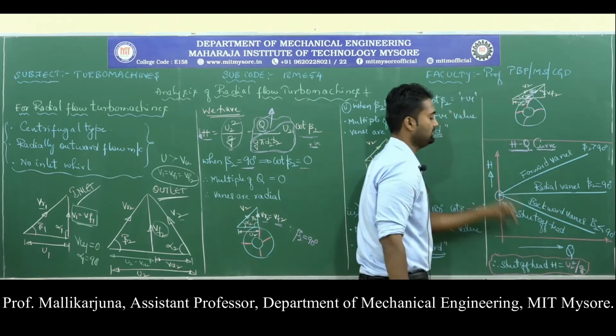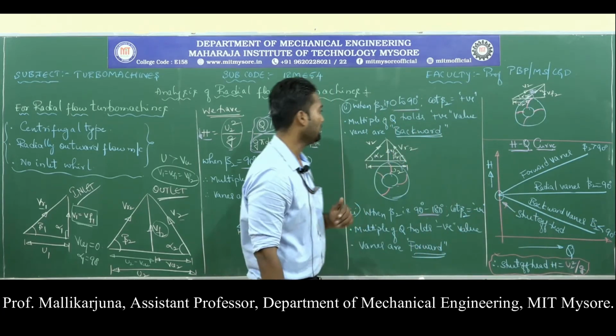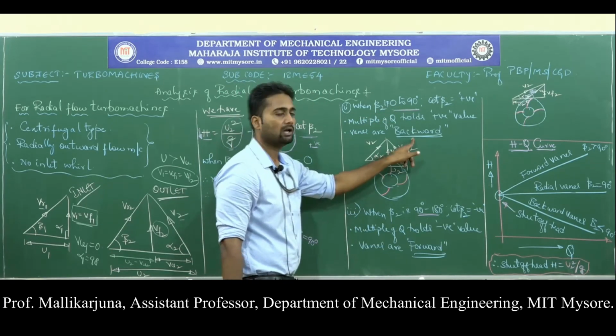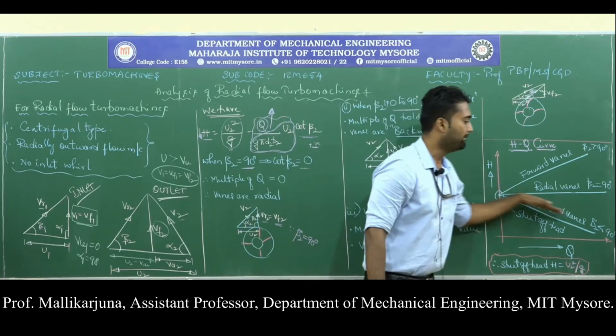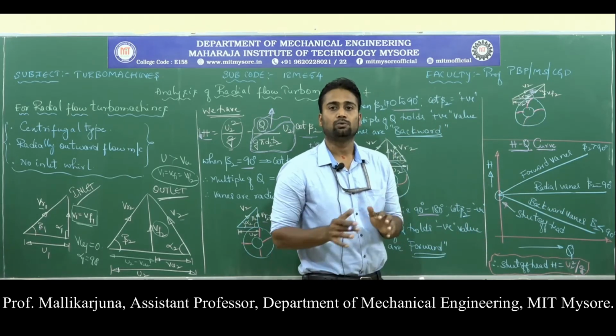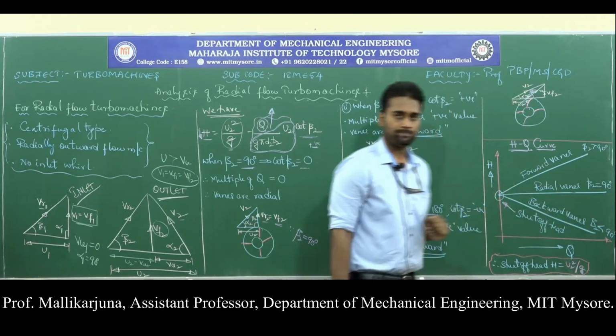That means H and Q are inversely proportional for beta 2 which is existing between 0 to 90 degrees, or else I can call this radially backward vane turbo machines, wherein H and Q are inversely proportional. That is what this is saying.